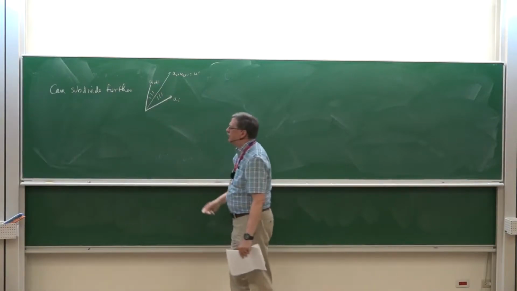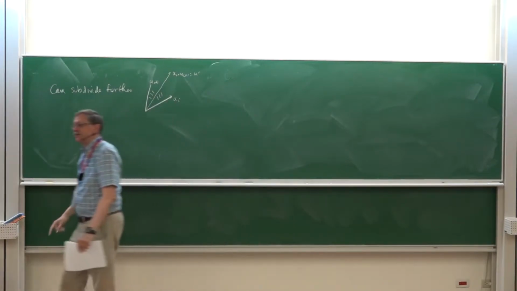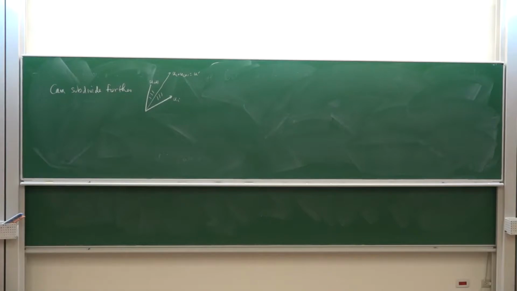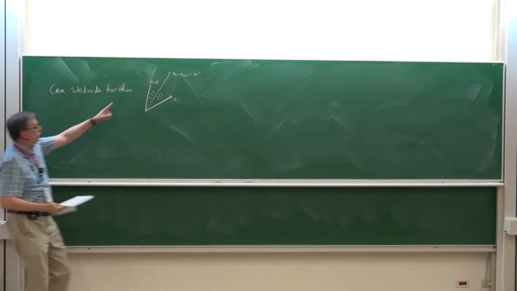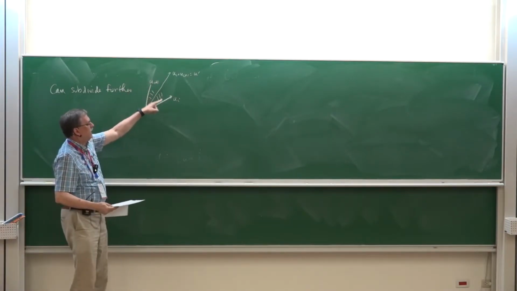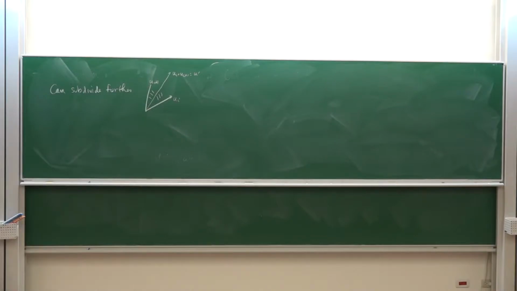When I do that, what have I done in this picture? Notice that my original cone is this one, and the fact that it lies in the two walls means it's the intersection of these two curves. Somebody just said blow up, and what you do is you just blow up.